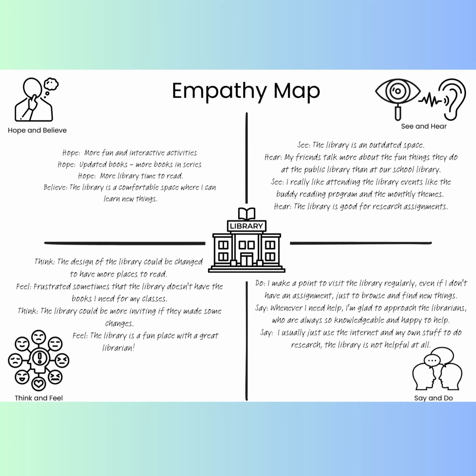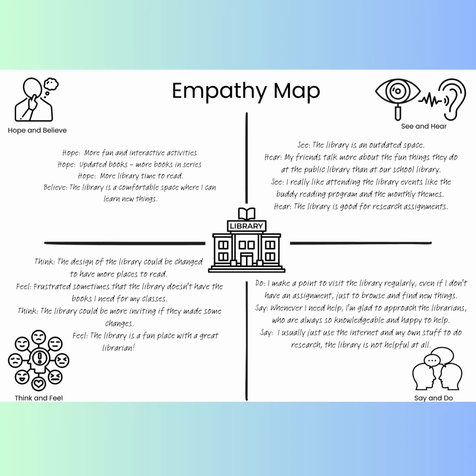One of the categories I changed to hope and believe. So, what do people hope for the library? What do students hope for the library? And some of them said that they hope that there's more fun and interactive activities, that there's new updates to the collection, and a lot of the things that you would normally just imagine a student would want in a school library.